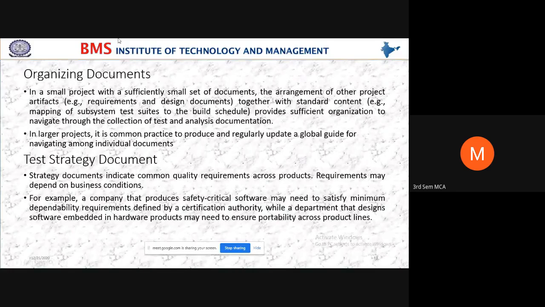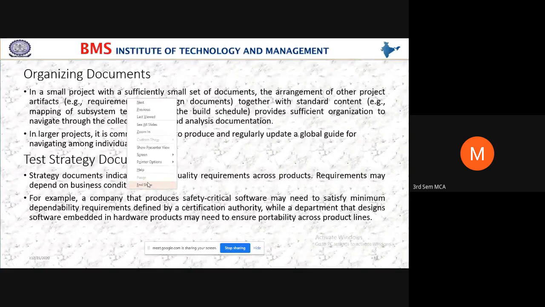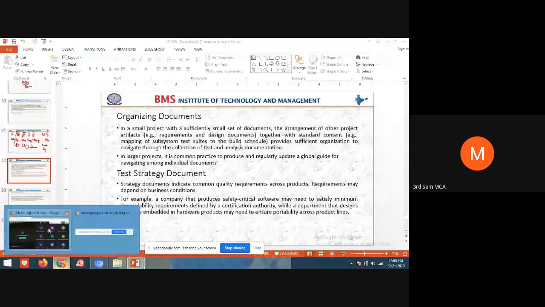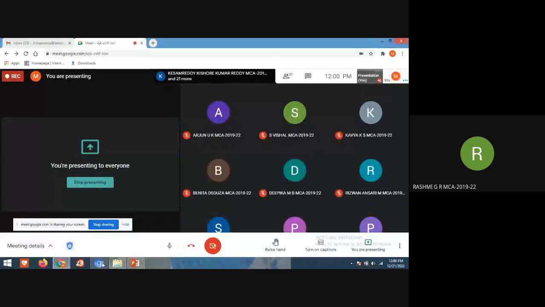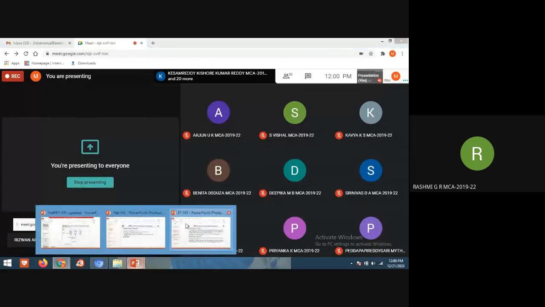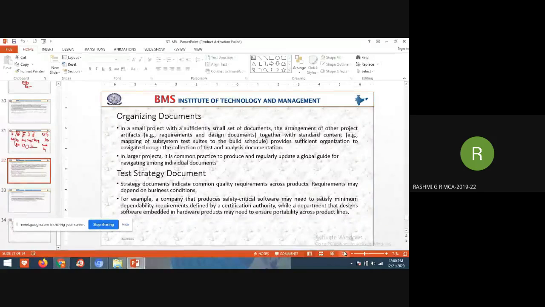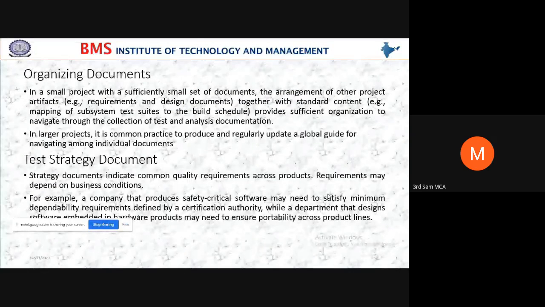Following now, students? Yes, ma'am. In a small project also, a sufficient small set of documents is needed, which we have to arrange based on the standard format.